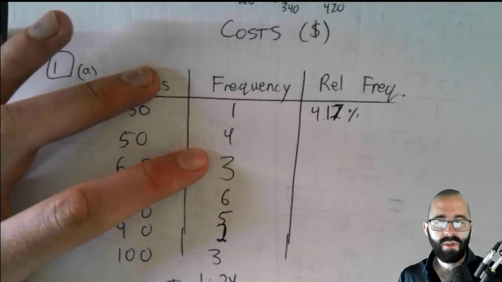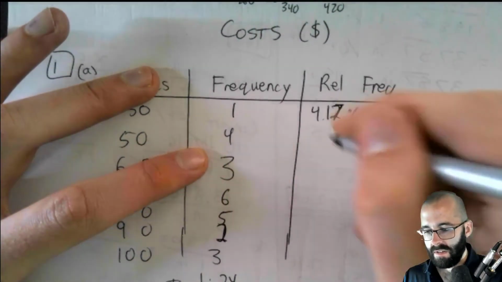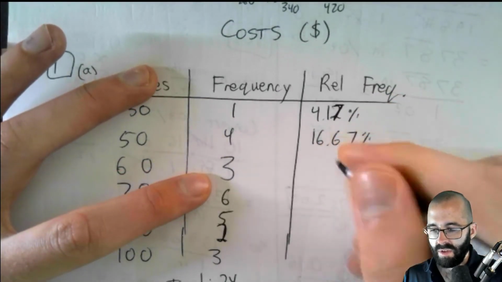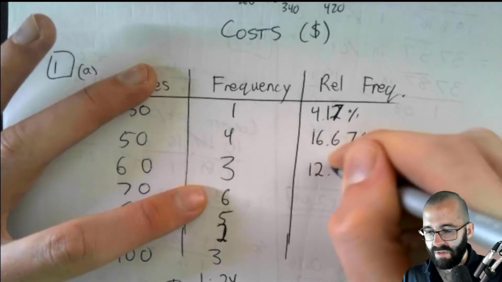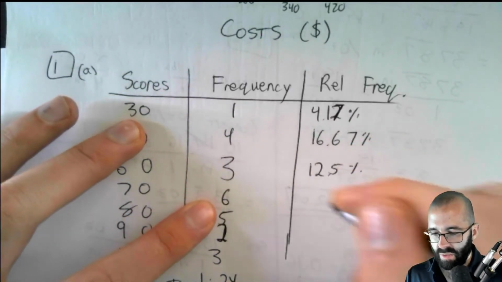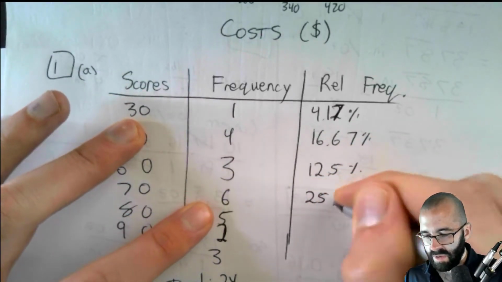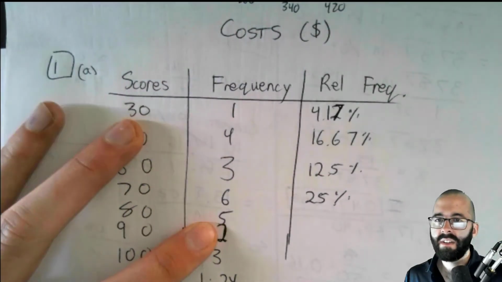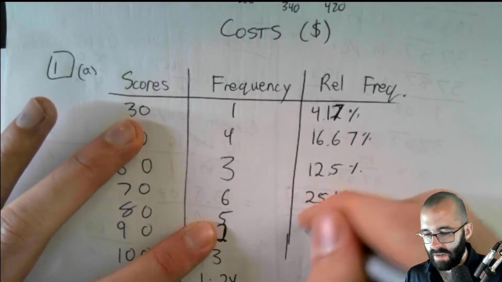Then 4 out of 24 is 1/6, 16.67%. 3 out of 24 is 1/8. That's 12.5%. 6 out of 24 is 25%. 5 out of 24, I have no idea. 20.83.